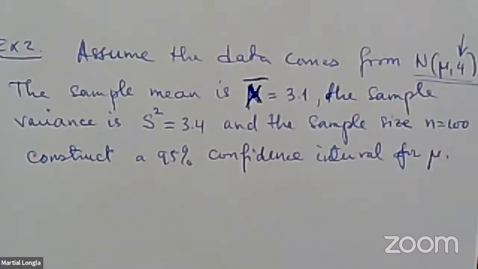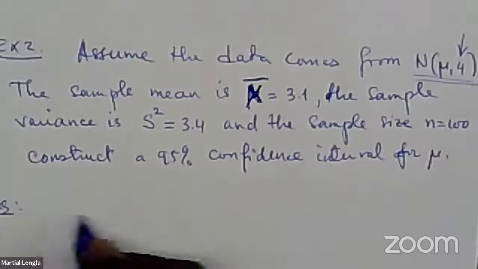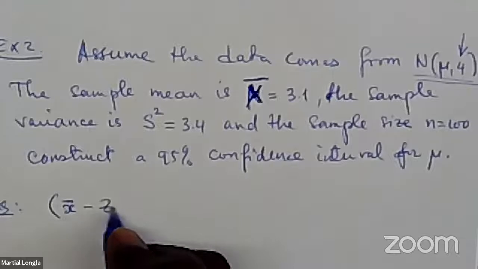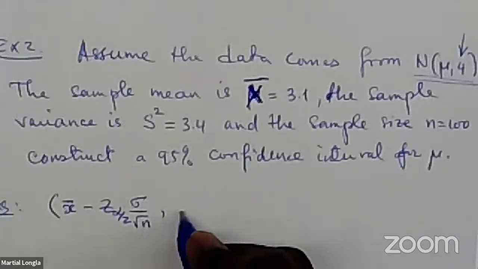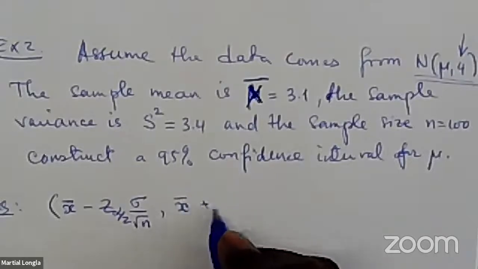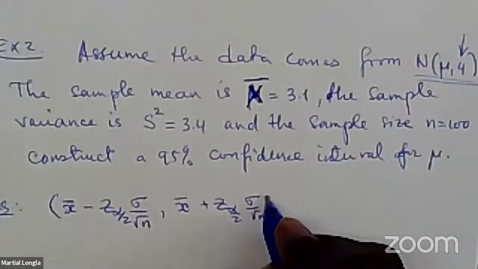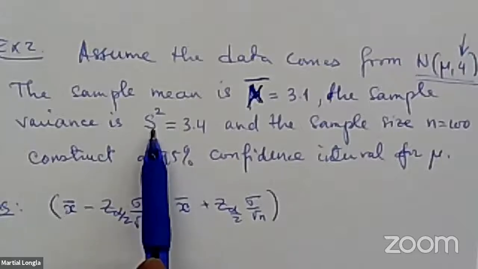It's known. So you have to use the formula with Z, in which you replace S by sigma. So the confidence interval has to be x bar minus Z alpha over 2 sigma over square root of n, x bar plus Z alpha over 2 sigma over square root of n. And guess what? You can see that S squared is not used anyway.